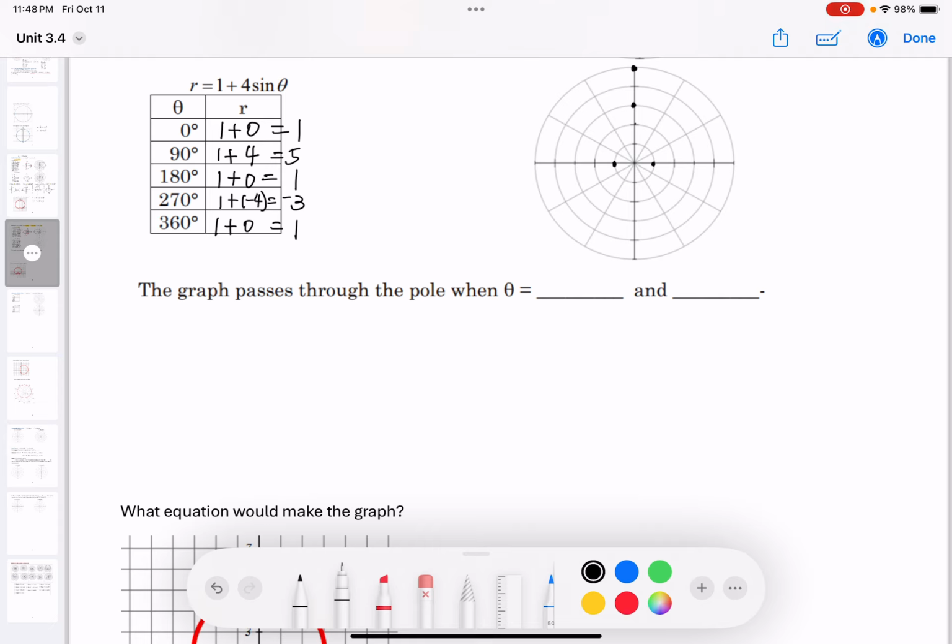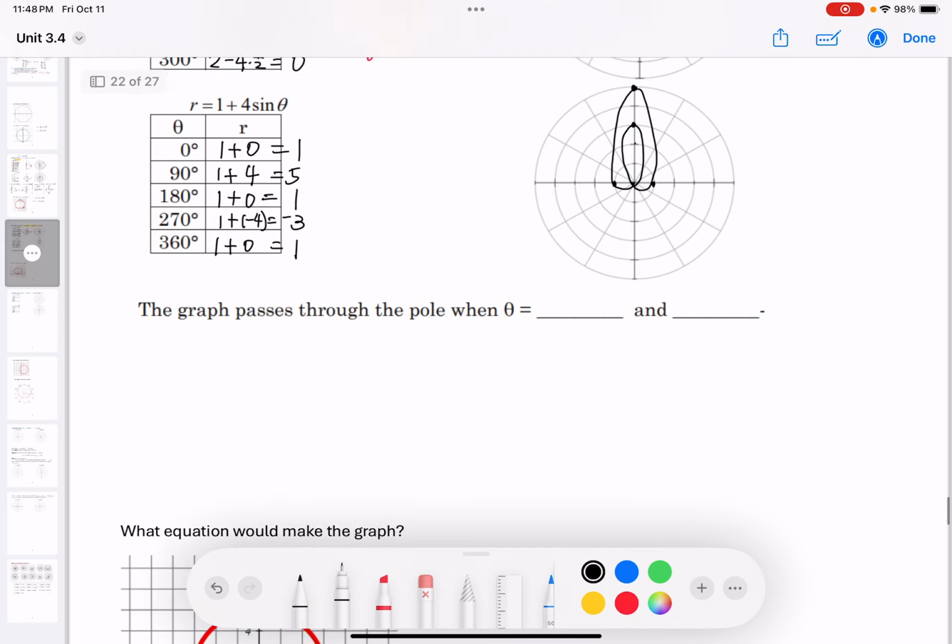Last point is 360, 1. Okay, from this information, I can graph my heart shape first. This is a heart. It's a skinny heart. And then my inner loop.